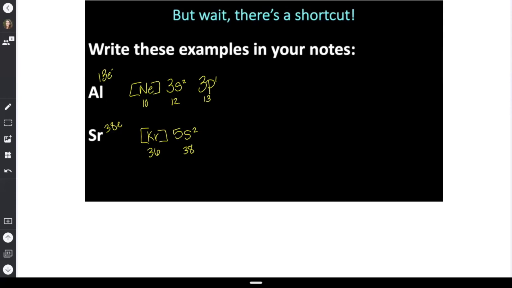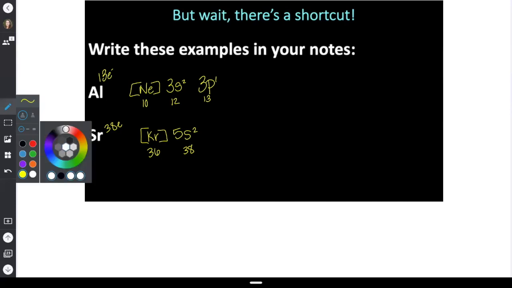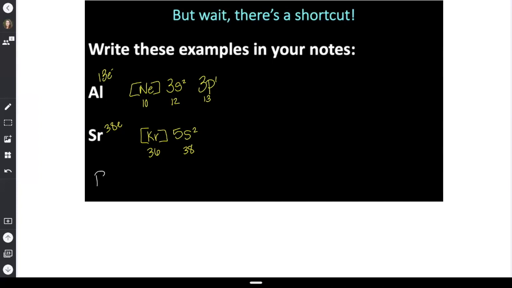All right, let's take a look at one more example here, just in case you all need it. Let's look at phosphorus. Phosphorus has 15 electrons. In order to abbreviate it, we want to go up and over, so we get to the last noble gas that we passed, which is neon.